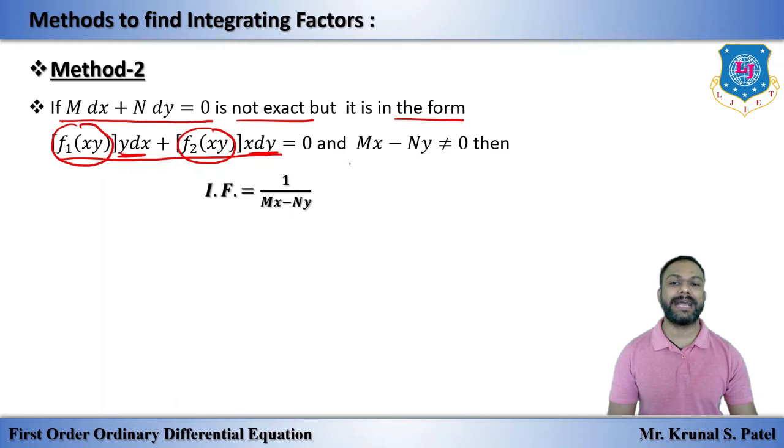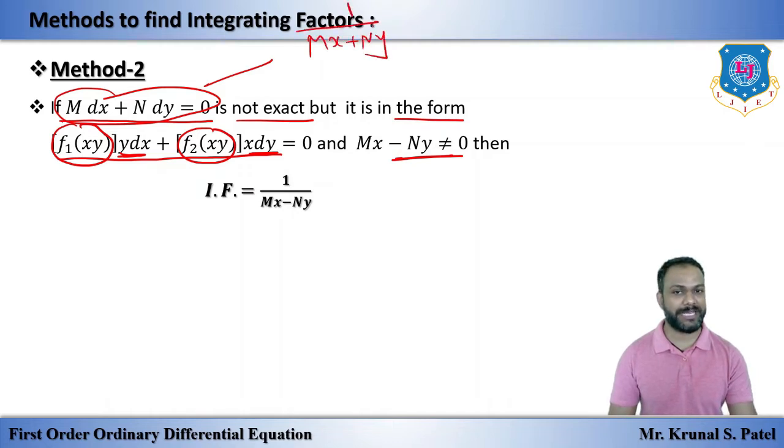Then we will find the IF by 1 upon mx minus ny, and we know that mx minus ny should not be 0. Why am I taking just two methods in this lecture? Because we just have to remember, if the given differential equation is not exact and it is homogeneous, then 1 upon mx plus ny is the IF, and if it is not exact but in this form, then 1 upon mx minus ny.